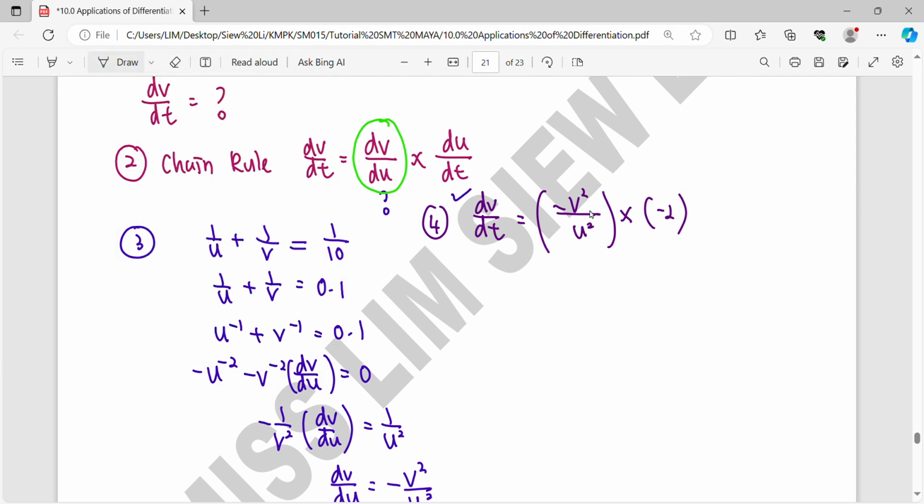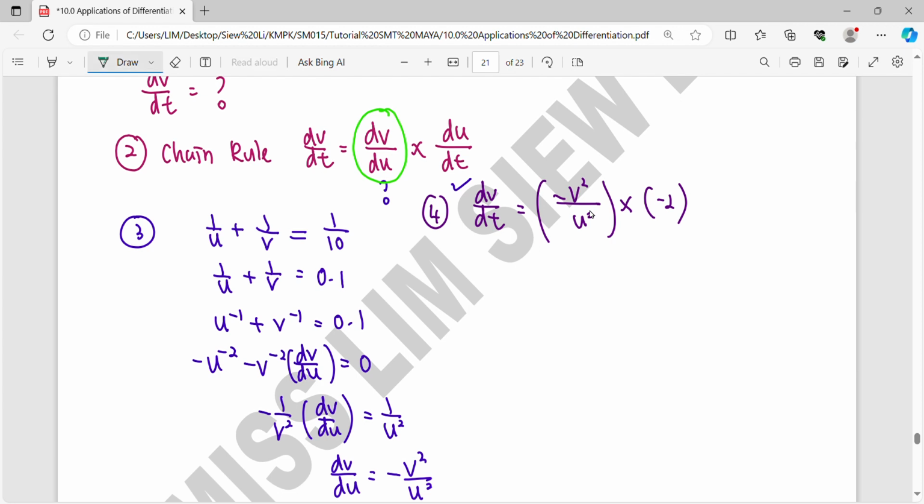So using the original equation, when u equals 40, 1 over 40 plus 1 over v equals 1 over 10. So 1 over v will equal 4 over 40 minus 1 over 40, which is 3 over 40.